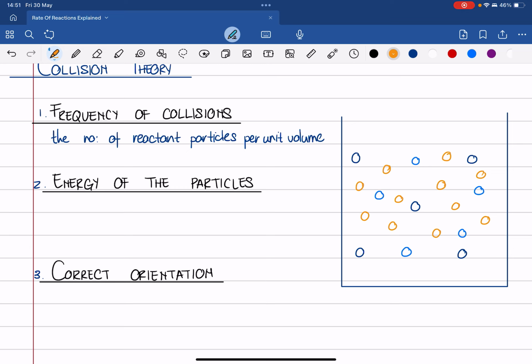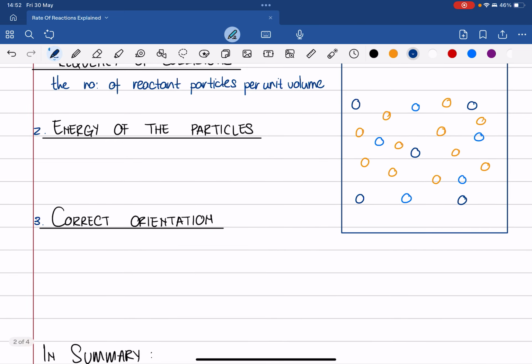And we call that the activation energy. So under energy, we always speak about temperature. Right? So we define temperature in chemistry as the average kinetic energy of the particles. Okay? The average kinetic energy of the particles.